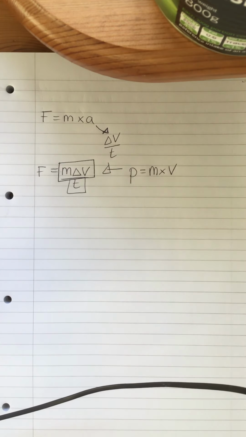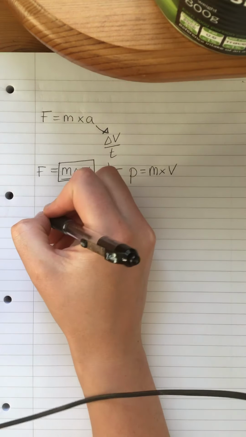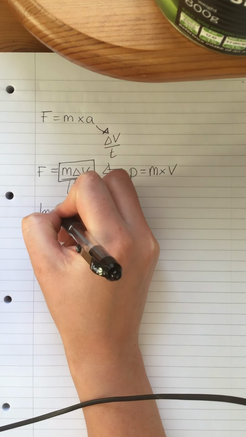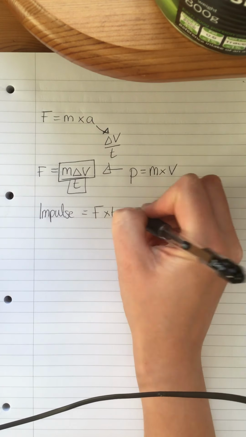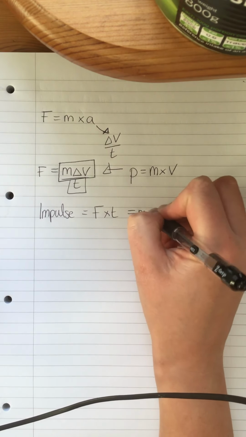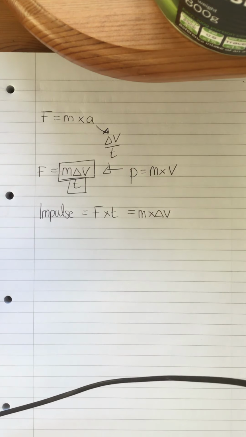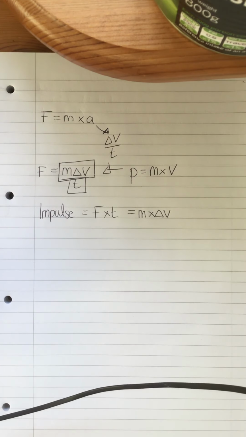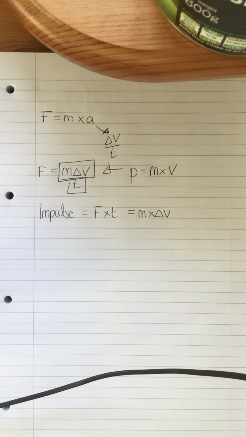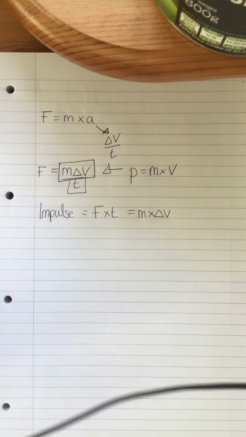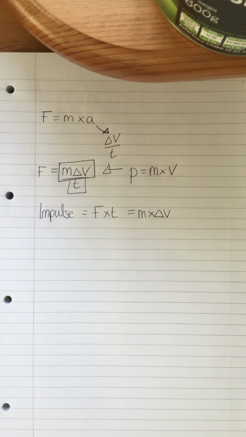Okay, and so I can rearrange this equation as well to make impulse. So impulse is literally defined as force times time, or mass times delta V, so they're equal to each other. So it's equal to the change in momentum, not just the momentum. Okay, so impulse is the change in momentum, and that is linked through that equation.